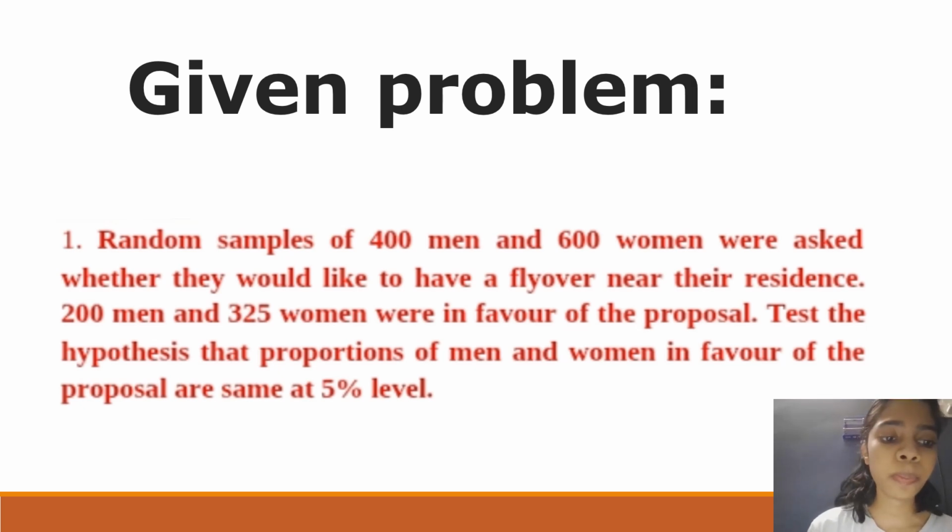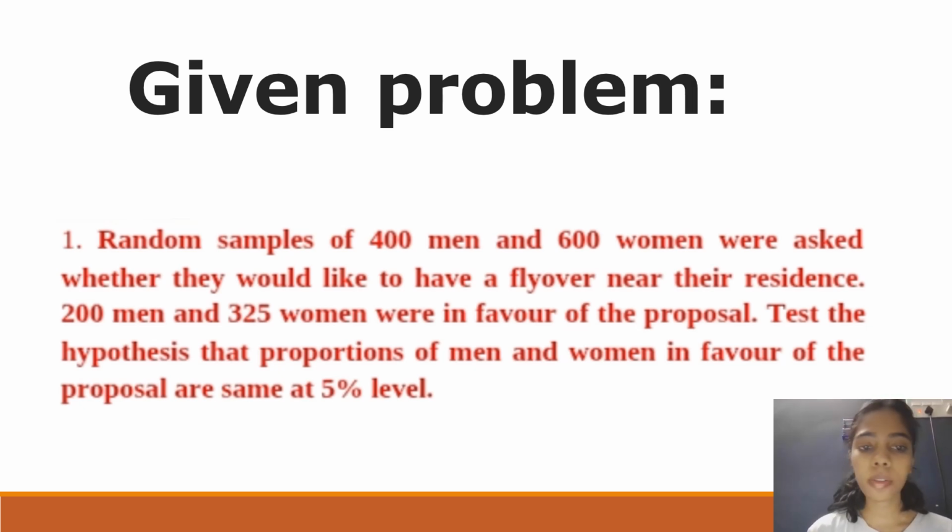And in this one, we are getting 200 men and 325 women in favor of our proposal. Test the hypothesis that the proportions of men and women in favor of the proposals are the same at 5% level.